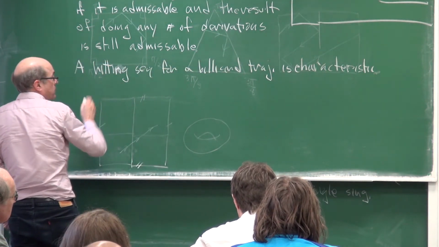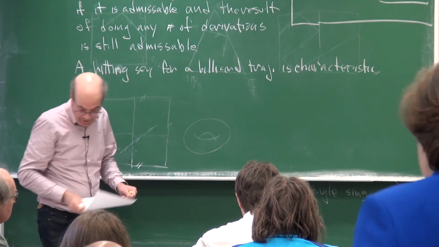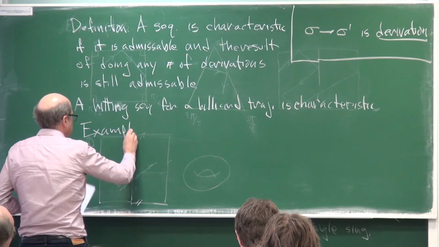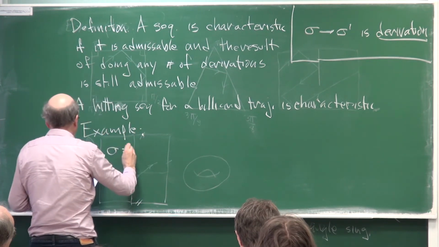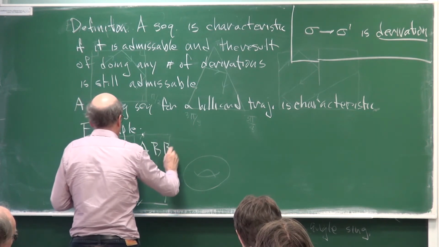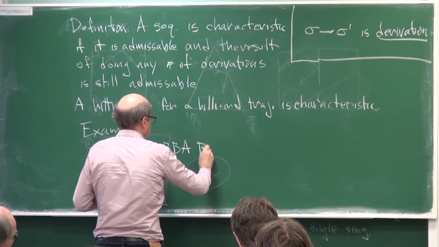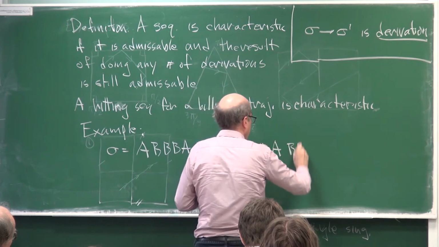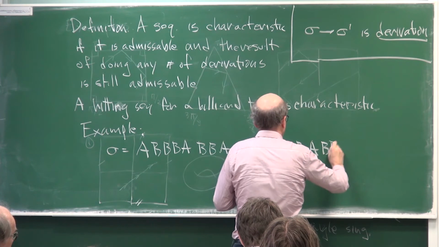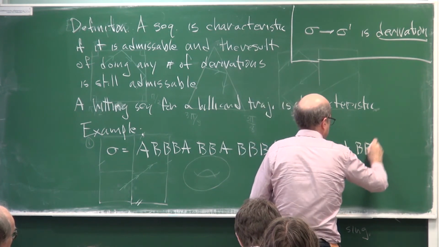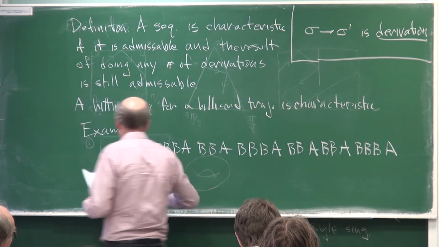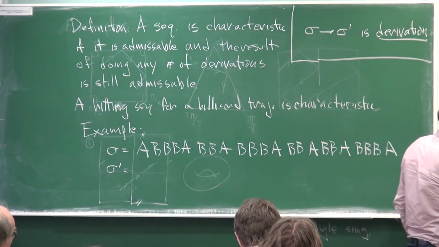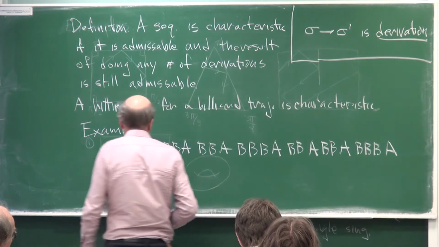Let me do an example here. Let's say sigma equals A, B, B, B, A, B, B, A, B, B, B, A, B, B, A, B, B, A, B, B, B, A. Then sigma prime: we've seen the effect of applying this. It drops one B from each group, right?